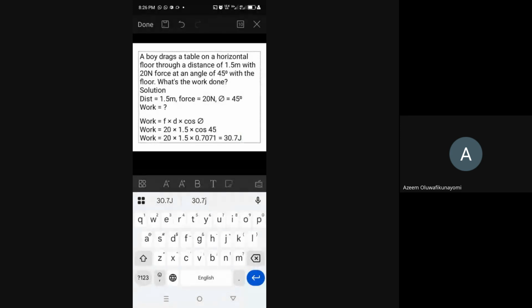Sir, I calculated mine and the answer was 21.21. Is one of you able to calculate it for me? 20 times 1.5 times cos 45. Cos 45 is 0.7071. Now multiply everything together.